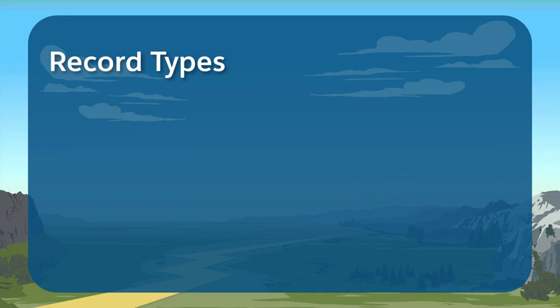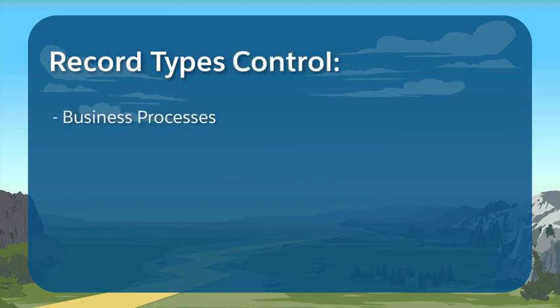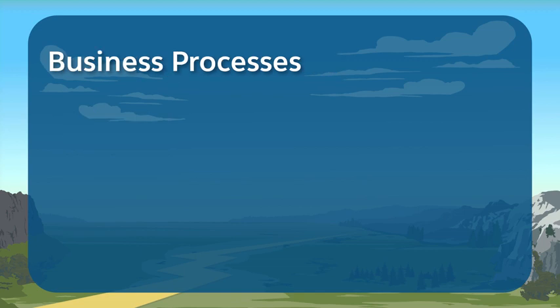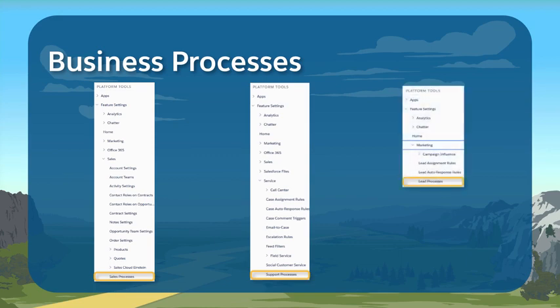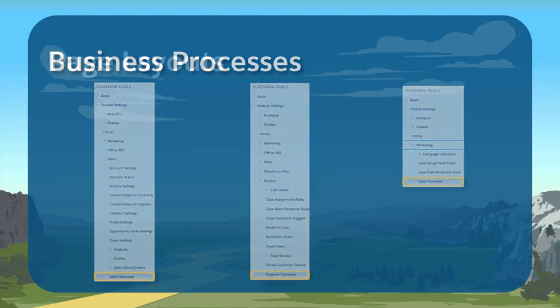They're incredibly versatile tools that help you collect and manage data about an object. Record types control three things: business processes, page layouts, and pick list values. Business processes are represented by special pick list fields that capture the life cycle of a standard object, such as an opportunity, case, or a lead, or a life cycle of a custom object.